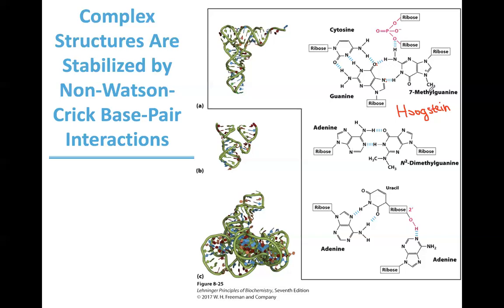This particular one is 7-methyl guanine, and you can see there are 2 hydrogen bonds possible here, and there's even phosphate that can participate.